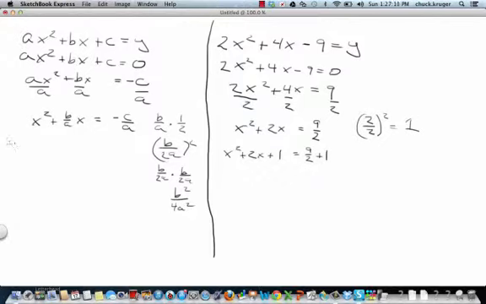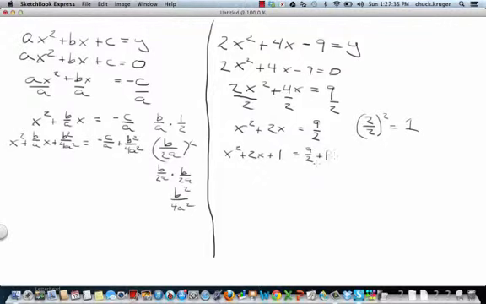So over here I'm going to have x squared plus b over a x plus, to complete this square, b squared over 4a squared. Well, I'm going to do that here. I'm going to have a negative c over a, and on this side I'm going to add b squared over 4a squared.